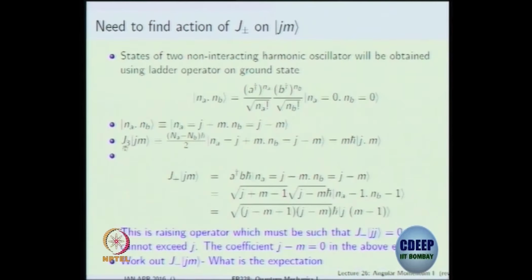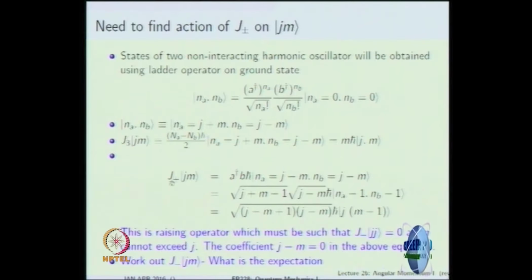So, J3 on Jm is M H cross Jm. This is what I derived for you. Let us work out J plus on Jm, which is nothing but A dagger B H cross. That is a representation in terms of the harmonic oscillator operators, the J plus.